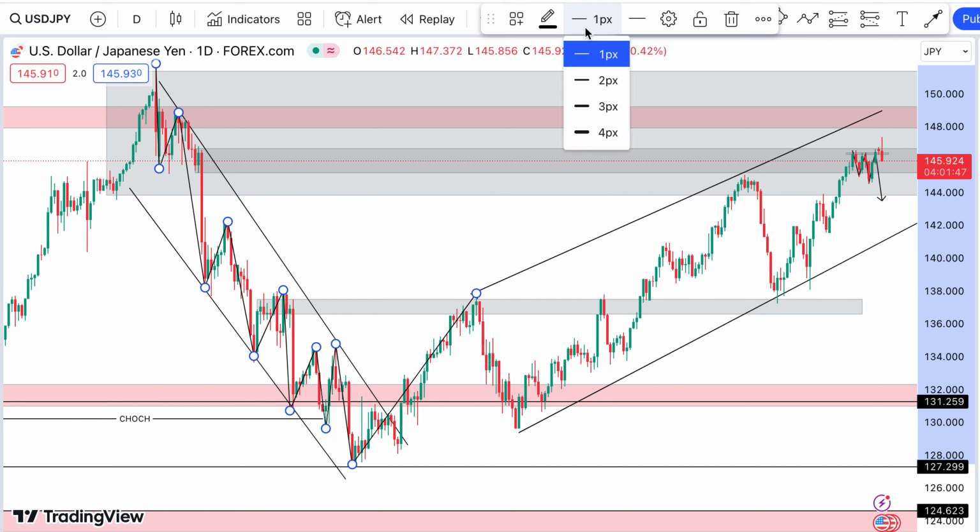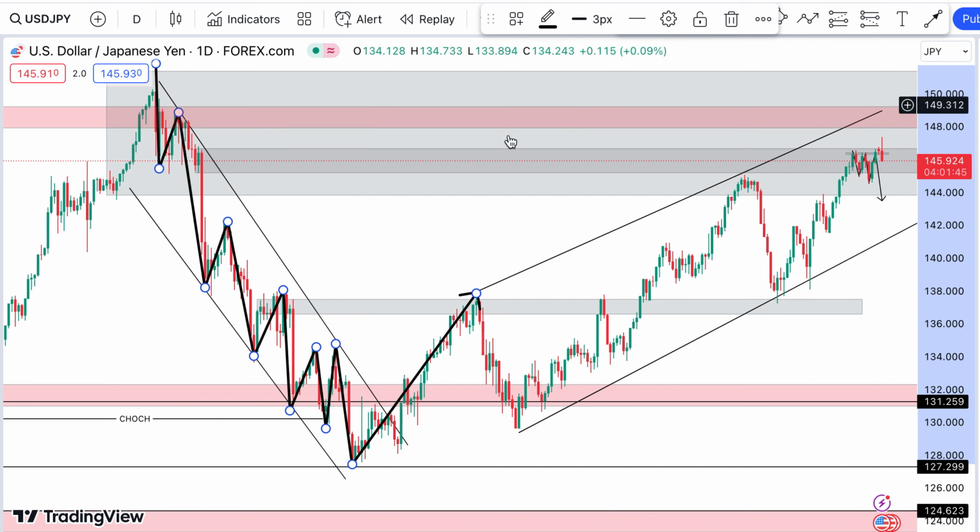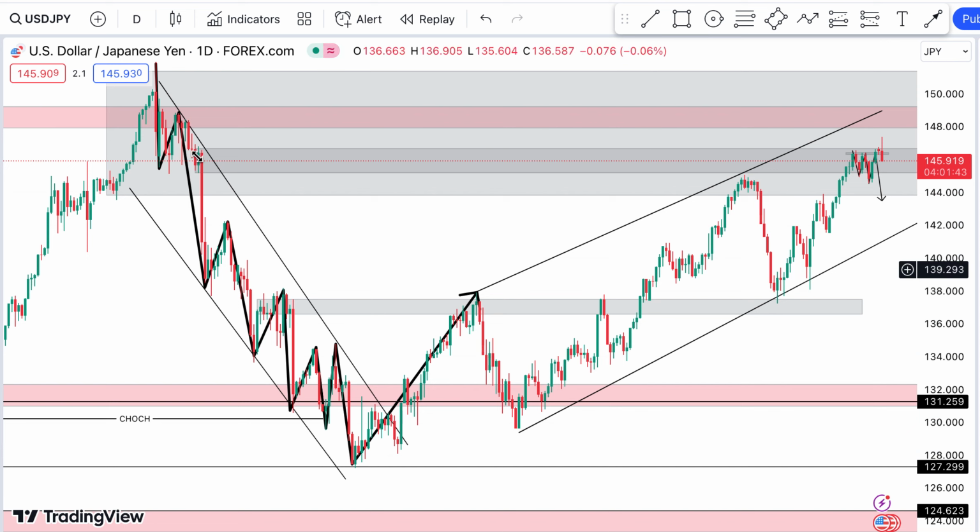Let me try to see if I can thicken this drawing. Yes. So I want you to concentrate mainly on these turning points, these turning points that make this a downtrend.